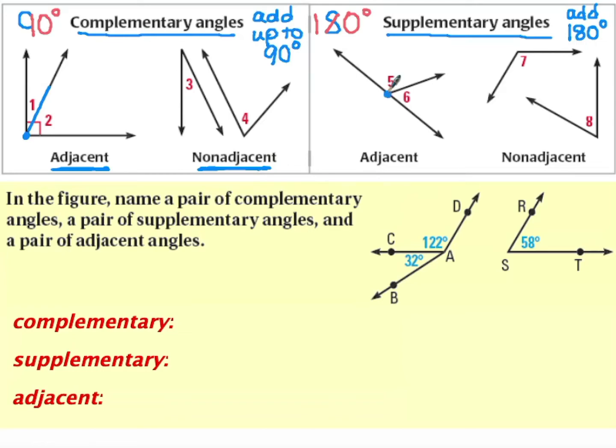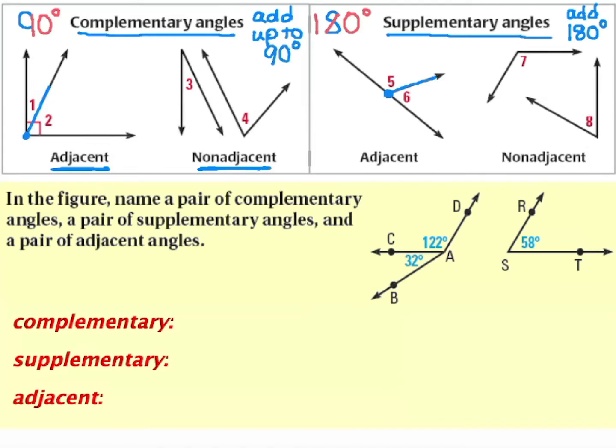Here's what supplementary angles look like when they're adjacent. They've got that common vertex and a shared side. So you'll see that straight angle right there, right? Because they add up to 180. So angle 5 and 6 would be adjacent supplementary, but they wouldn't have to be adjacent in order to add up to 180.